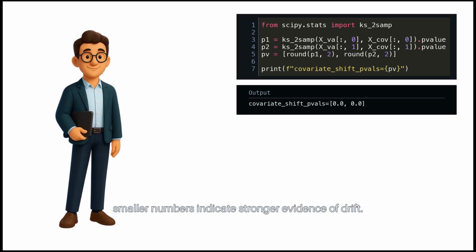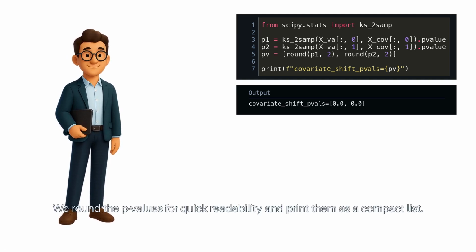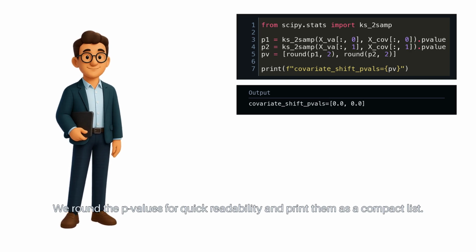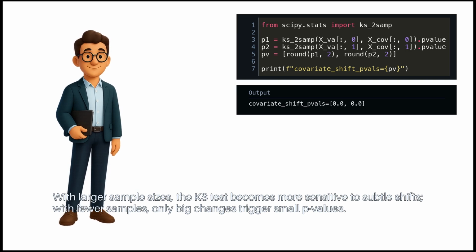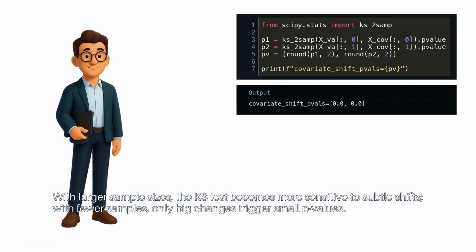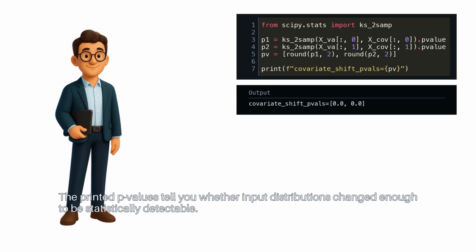Smaller numbers indicate stronger evidence of drift. We round the p-values for quick readability and print them as a compact list. With larger sample sizes, the KS test becomes more sensitive to subtle shifts. With fewer samples, only big changes trigger small p-values. The printed p-values tell you whether input distributions changed enough to be statistically detectable.